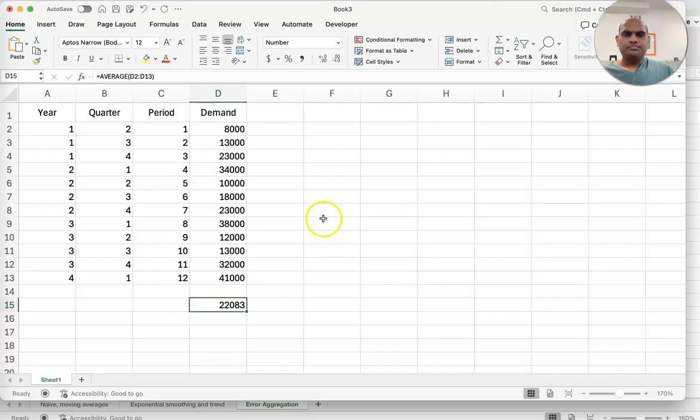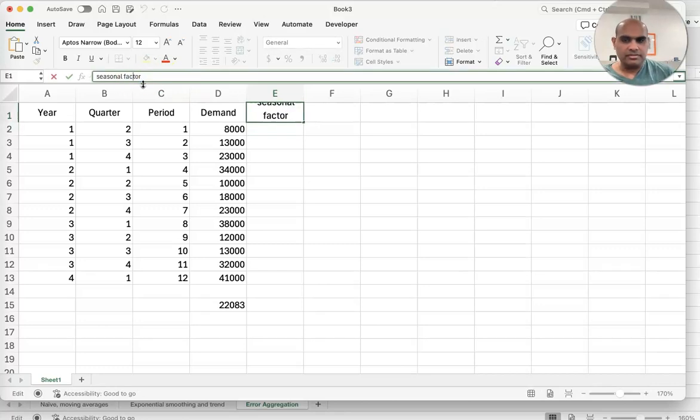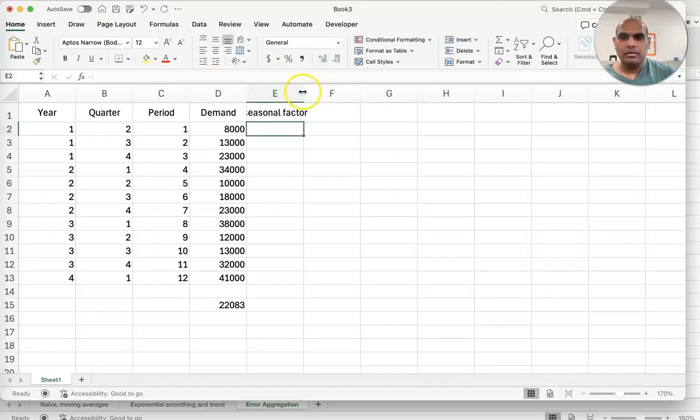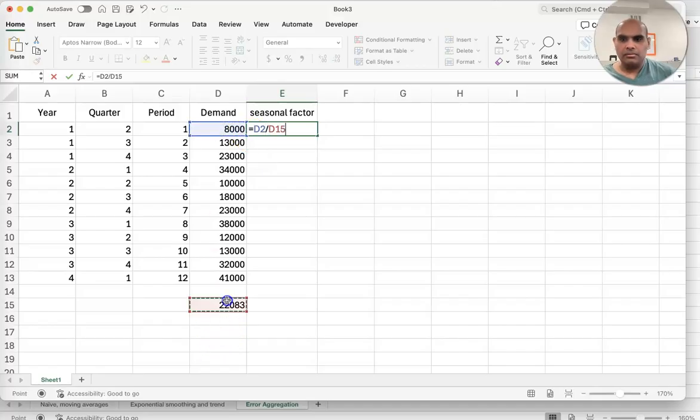Then using that, I am going to calculate something called the seasonal factor. This is not the final thing that's going to help us with calculating seasonality. The seasonal factor is you take the demand and divide by the average demand.